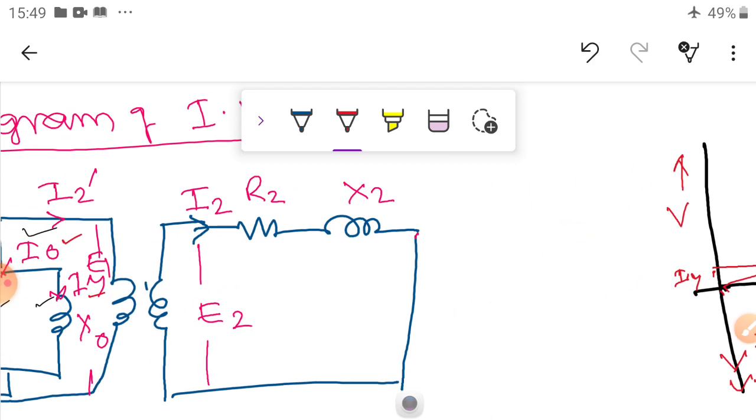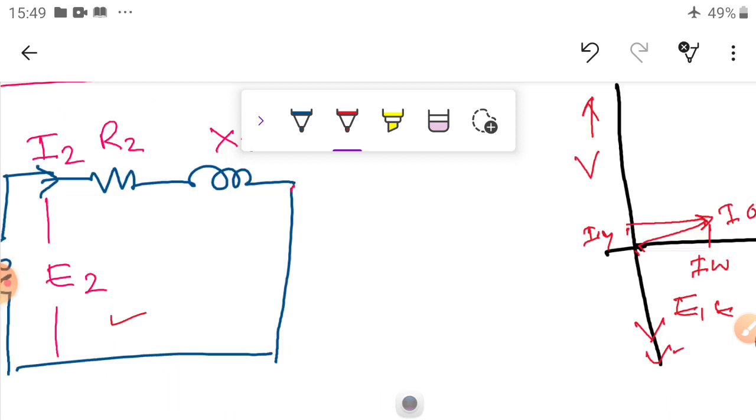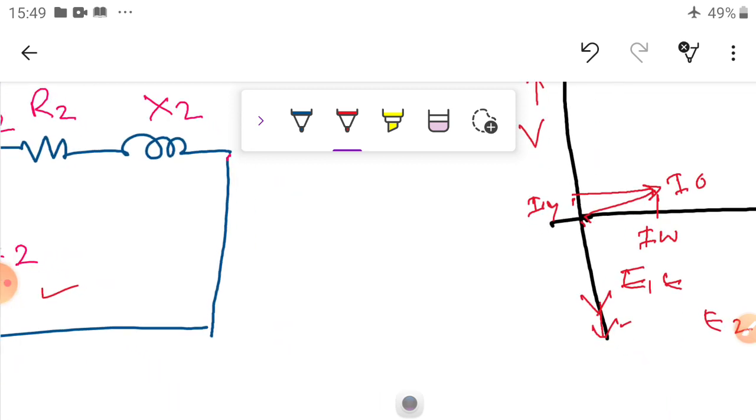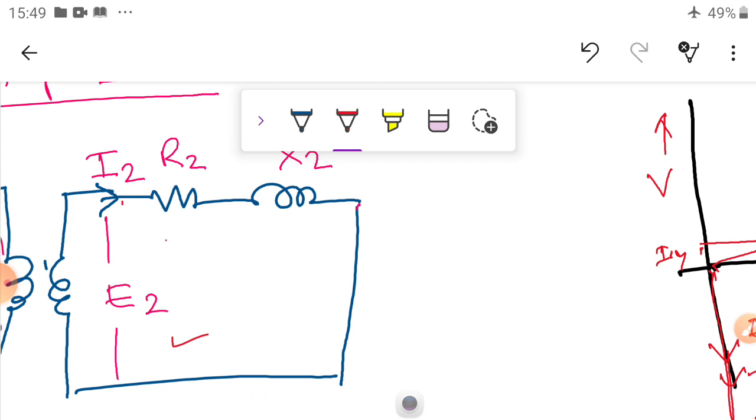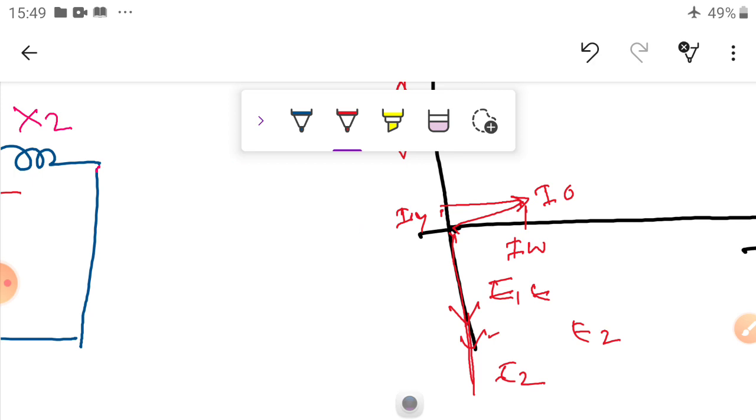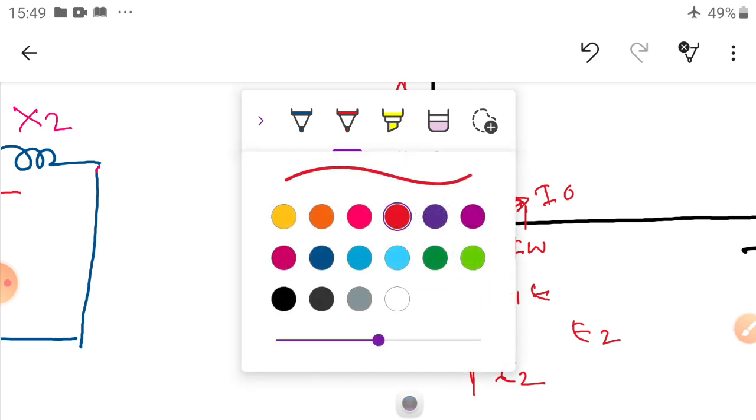Now what has happened? This is the E2. You can write it, this is E2, opposite to V. And this is the current I2, because of the inductance, I2 always lags. So with E2 in this direction, I2 will flow in a different way. You can write the I2 value.